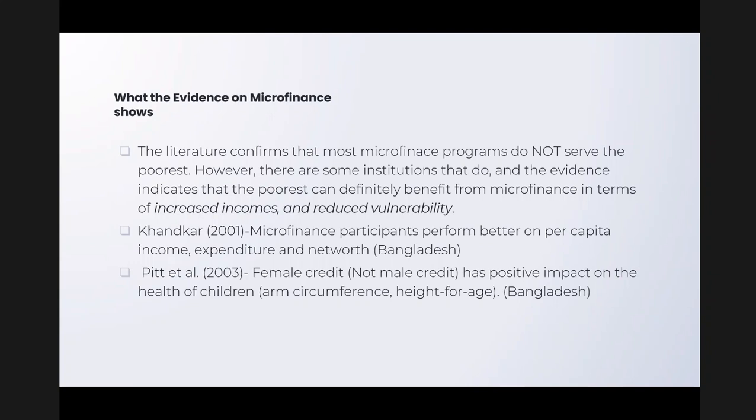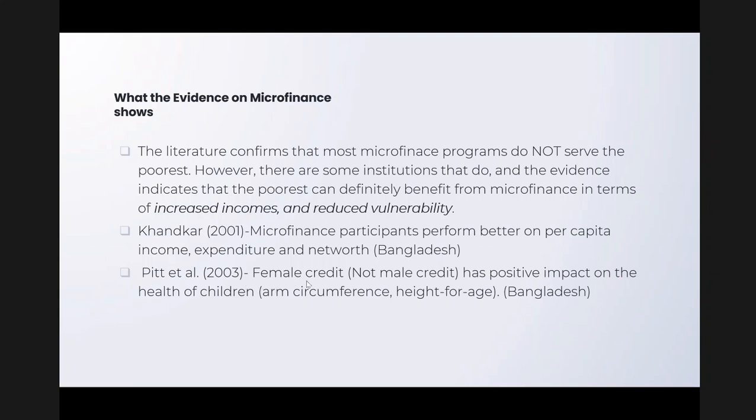The participants are performing better on several parameters: they are earning more, spending more, and their net worth is also more. So there is a positive impact on their income, expenditure, and net worth.